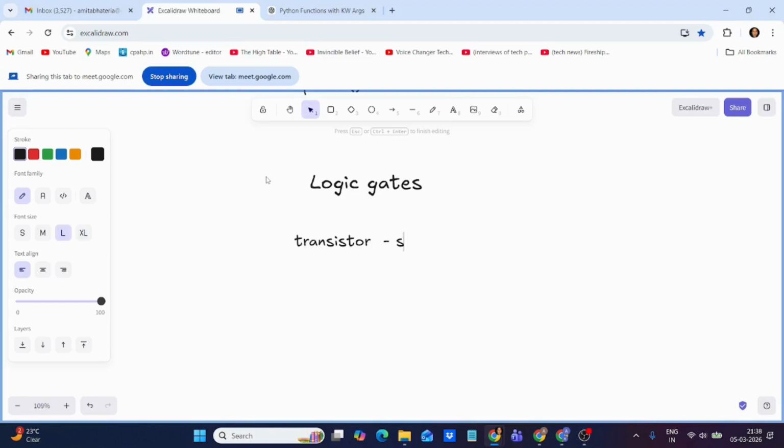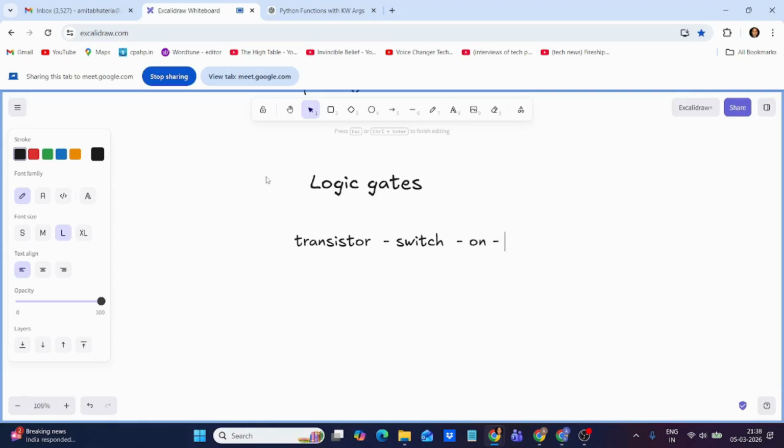And how does a switch work? Can you tell me how a switch works? When you flip it on, it's 1, and when you don't flip it, it's 0. Right, so it has only two values, one is on and the other is off.